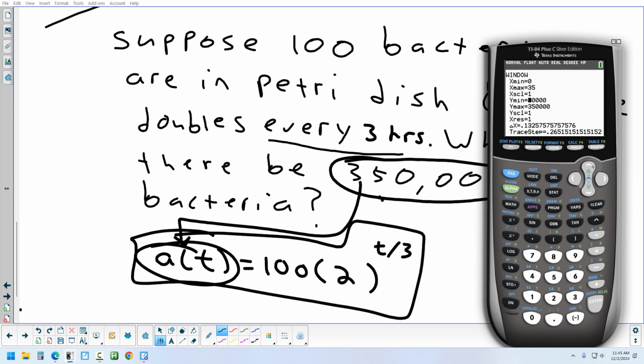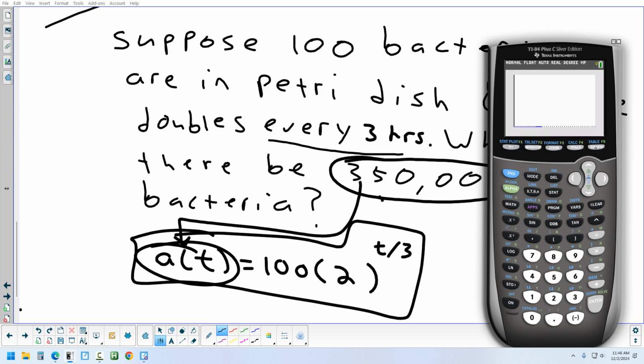And we're starting with how much? 100. Whether you put it at 100 or 0, you're not going to be able to tell the difference on the screen because it's going to be so zoomed out anyway. And we already know it's between 33 and 36 hours. We already estimated that. So that gives us kind of an idea. Let's set that at 40.